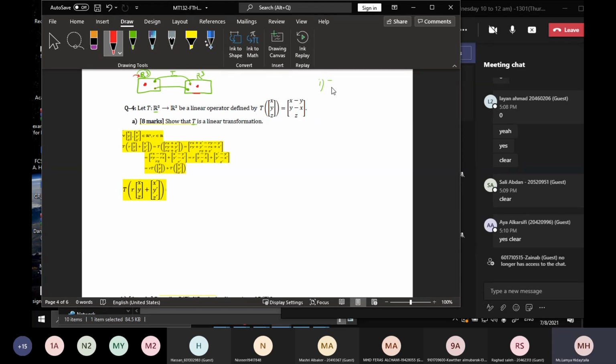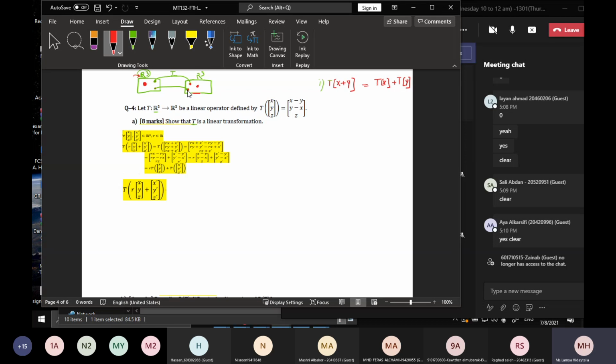He said that to be a linear transformation, the transformation of the vector x plus y, that is the transformation of this element, should be the same as getting the transformation of x alone, and adding to it the transformation of y.